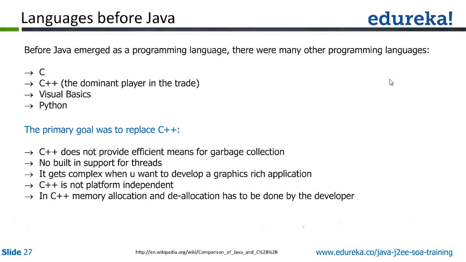Memory allocation and deallocation in C++ was done by the developer. Primarily, this used to create a lot of problems in programs. In an ideal world where every developer is good and doesn't make mistakes, that's fine.